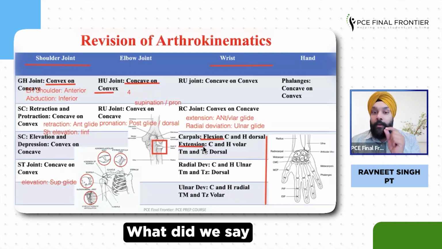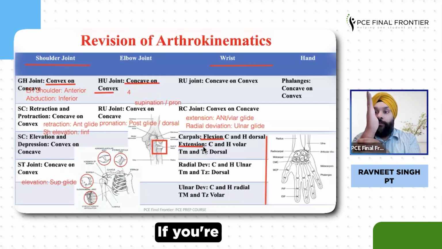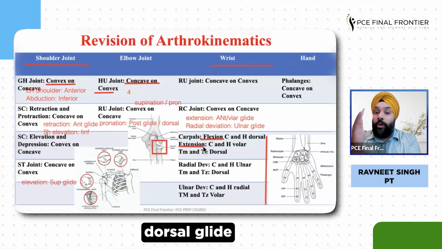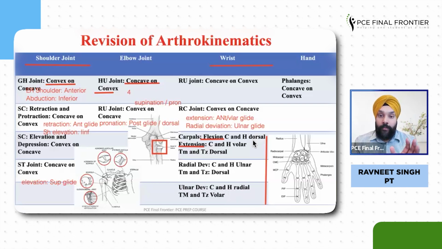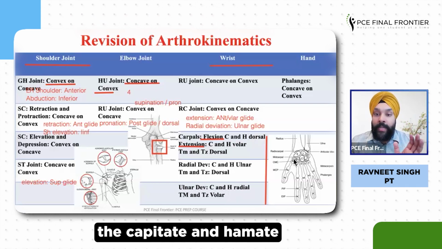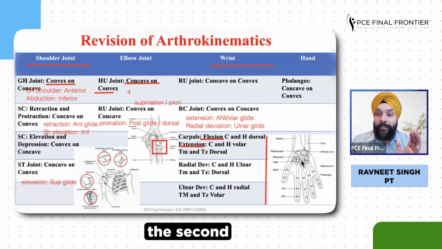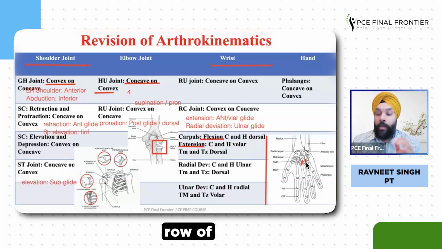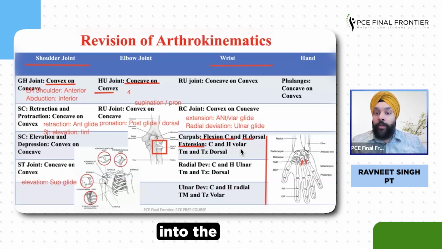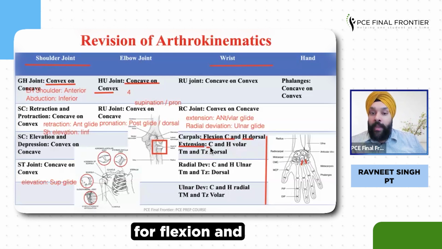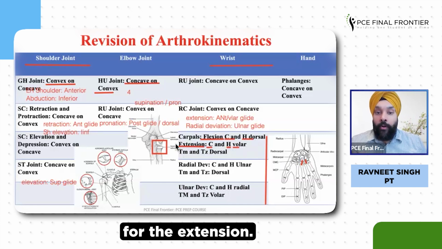What did we say in flexion? Carpals with radius. If you're doing flexion, you're giving dorsal glide, and the similar goes with the carpals as well. It's going to be the capitate and hamate, all right, because this is the second row, the distal row of the carpals, capitate and hamate, which are going into the dorsal direction for flexion and going into the volar or the anteriorly for the extension.